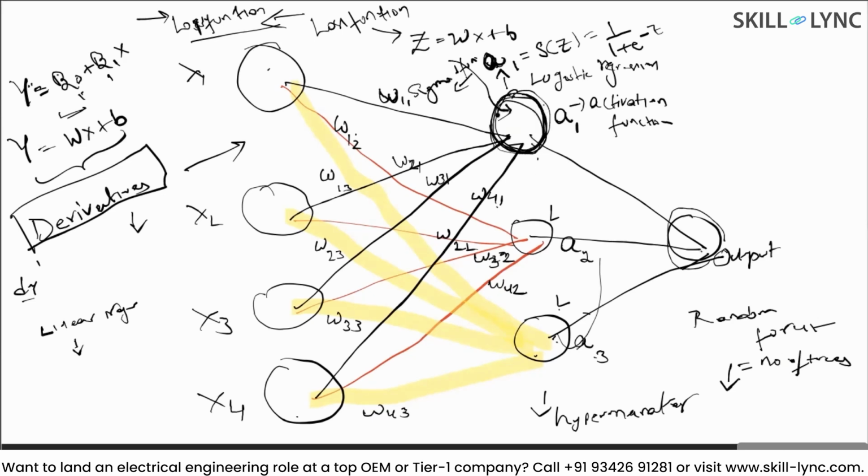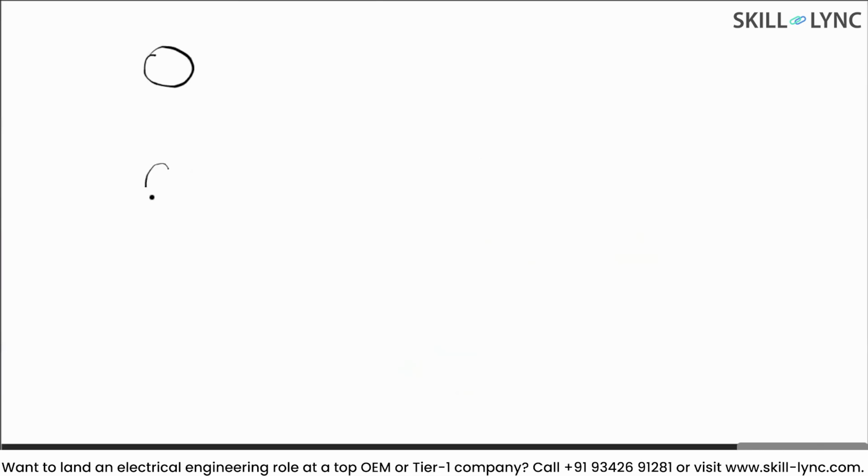In your hidden layers, you calculate these z values, which is wx plus b, and then you calculate the activation function. Based on this activation function, it goes forward again. It's very important that you understand this very simple architecture of neural network, which I'm trying to explain to you.